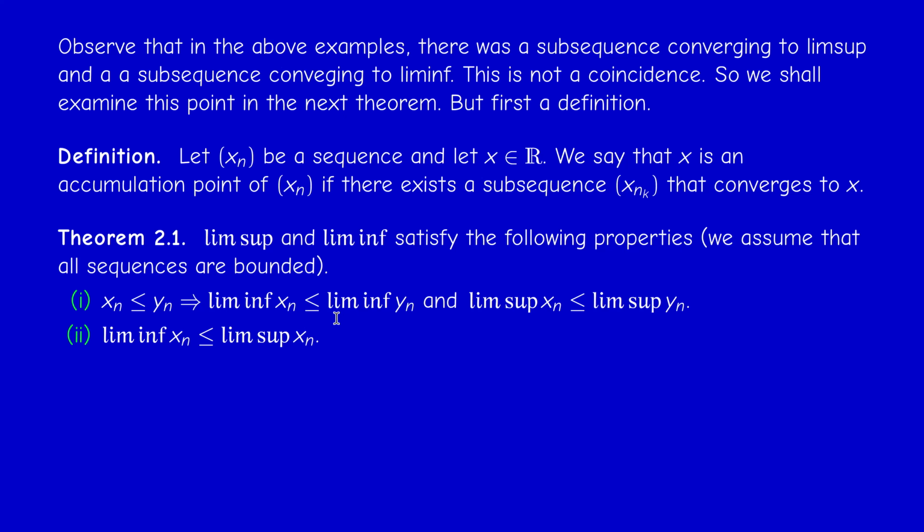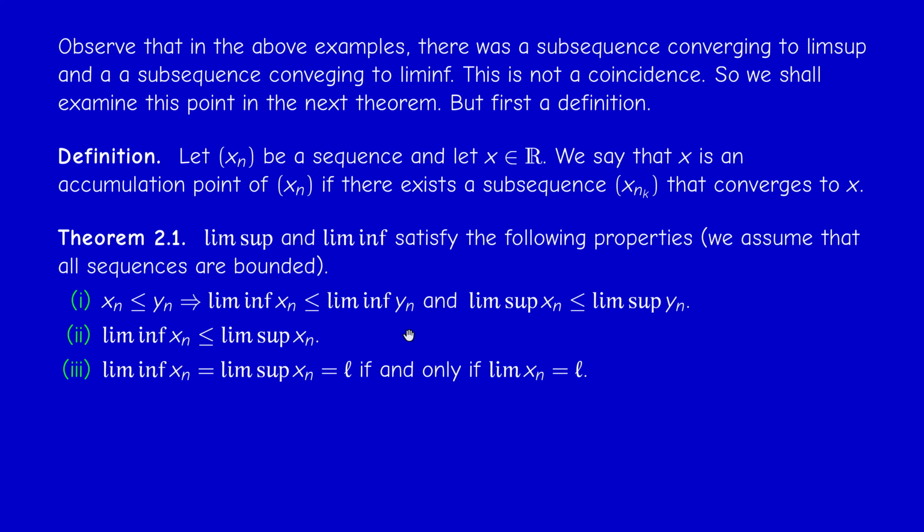Second thing, as you expect, the liminf is less or equal than the limsup. Now we may have equality, and this happens if and only if the sequence is actually convergent. So this is the third property: we have equality in 2 if and only if xn is convergent to the same common value here. So if xn is not convergent, liminf is strictly less than limsup.